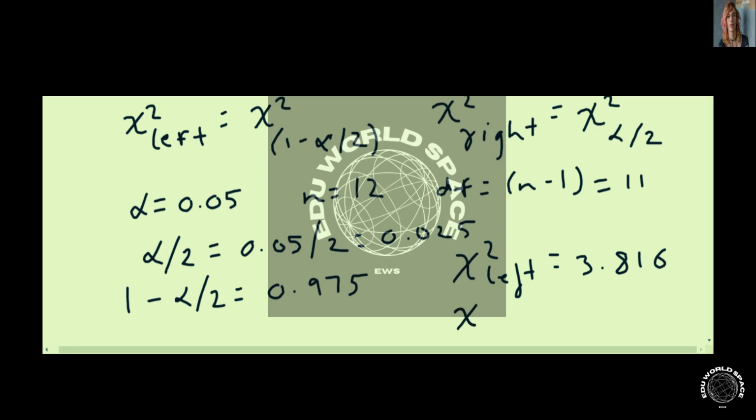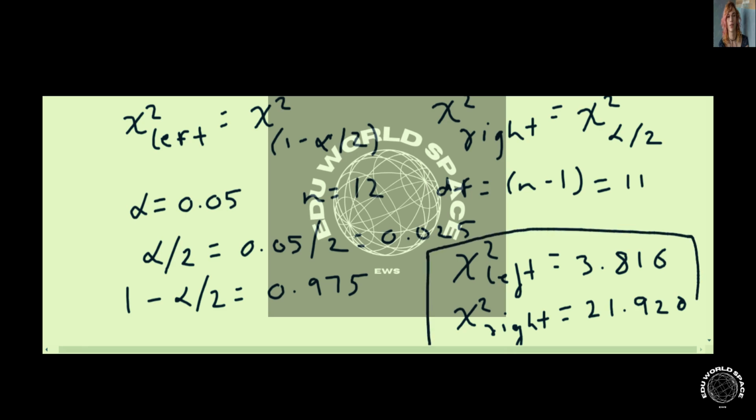The chi-square right value would basically be chi-square 0.025 with degrees of freedom 11. If you check the table, this value would be 21.920. So here we found the chi-square left and the chi-square right values. Putting them in a box. These are the chi-square left and chi-square right values for part A.